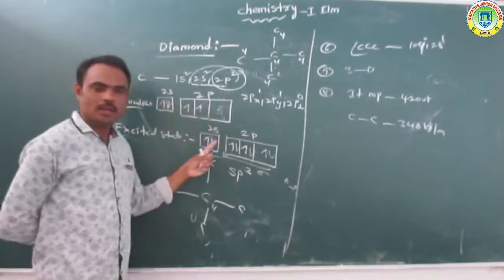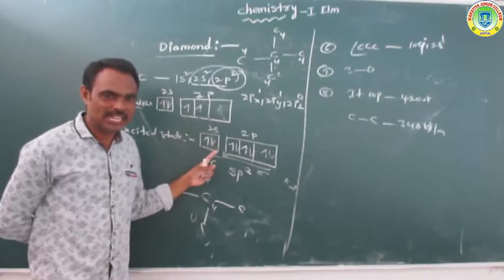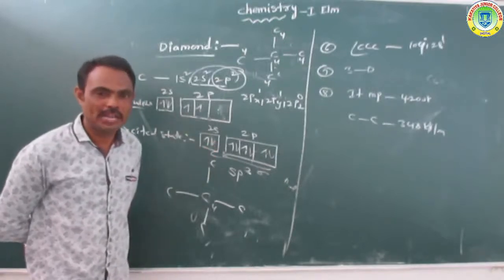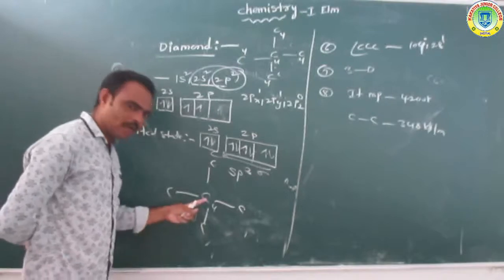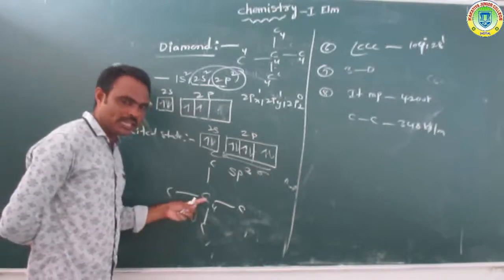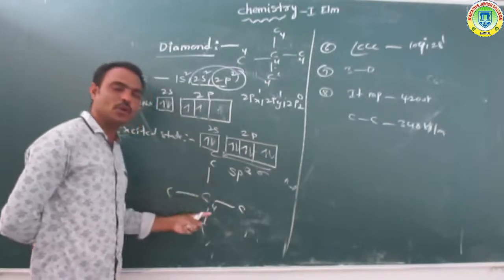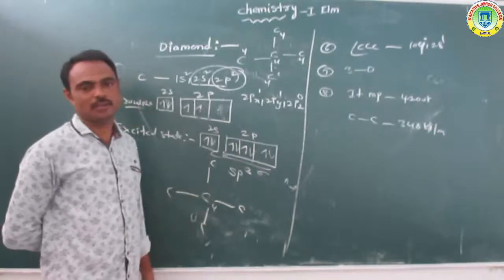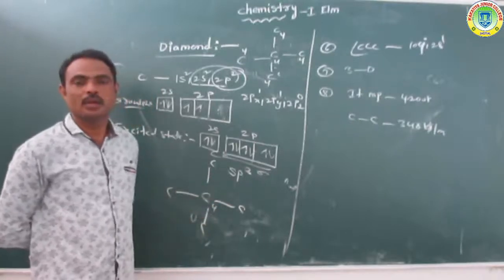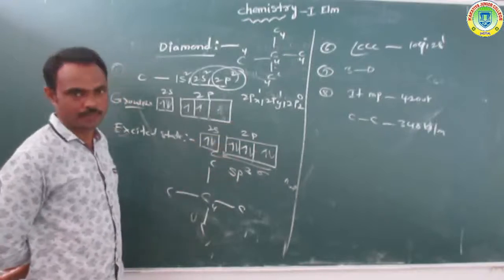At that time it is called the excited state. In the excited state, each carbon atom contains 4 single electrons. These 4 single electrons are attached with the single electrons of the surrounding 4 carbon atoms to form sp3 hybridization.